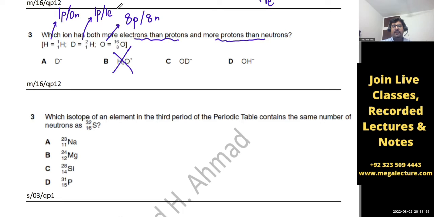You'll have the same number of protons and electron. This is neutron, right? It's supposed to have H in it. ठीक है? It's supposed to have H in it. So the answer is going to be D. The only way you can have more protons than neutrons is if you have H in it. Is that clear?